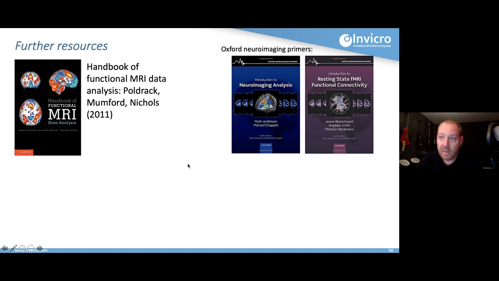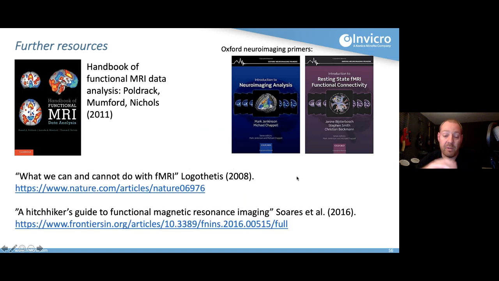There's a couple of papers, both of which are free online, open access. There's quite a short one from Nikos Logothetis from a few years ago, which is what we can and cannot do with fMRI. That's a few pages, but it's a really good kind of introduction to what fMRI is and what it's good for.